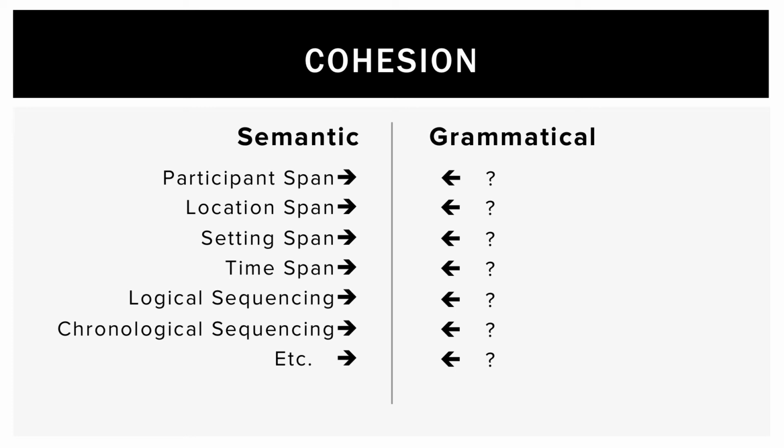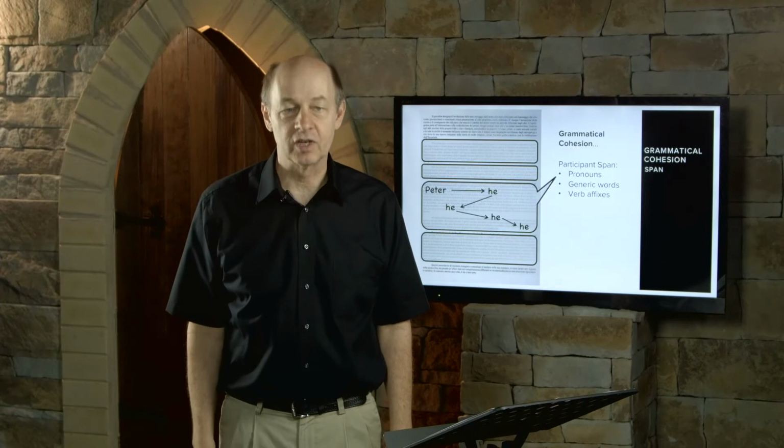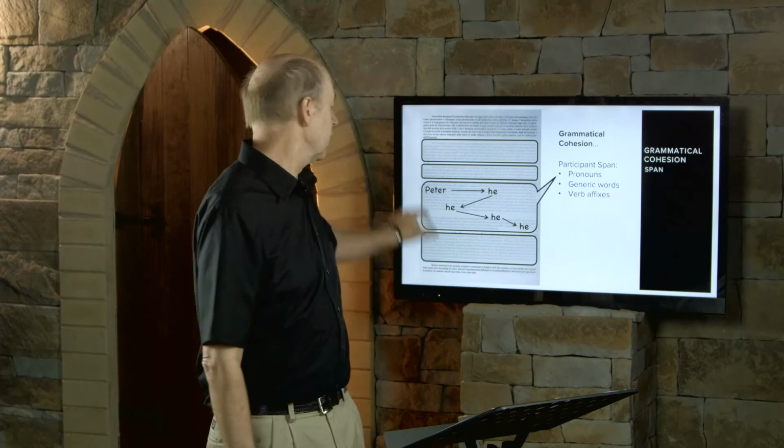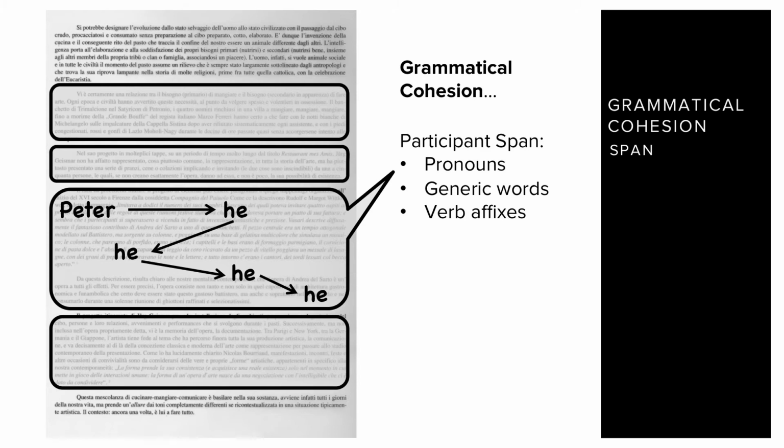Or what is it that is letting us know that this location span is still focusing on the same person? So with participant span, for example, if Peter is primarily in focus, the narrator will often use pronouns like he and him, which lets the reader know that the narrator still intends for Peter to be primarily in focus in your thinking.